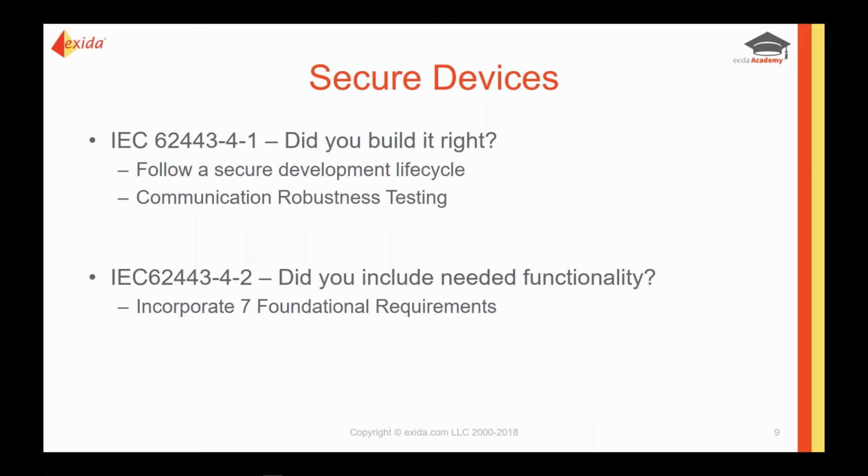So when securing devices or getting certifications for securing devices, these are the basic considerations: the life cycle, the robustness testing, and the foundational requirements. And meeting all 3 of those will enable you to get a certification of your device or your system.